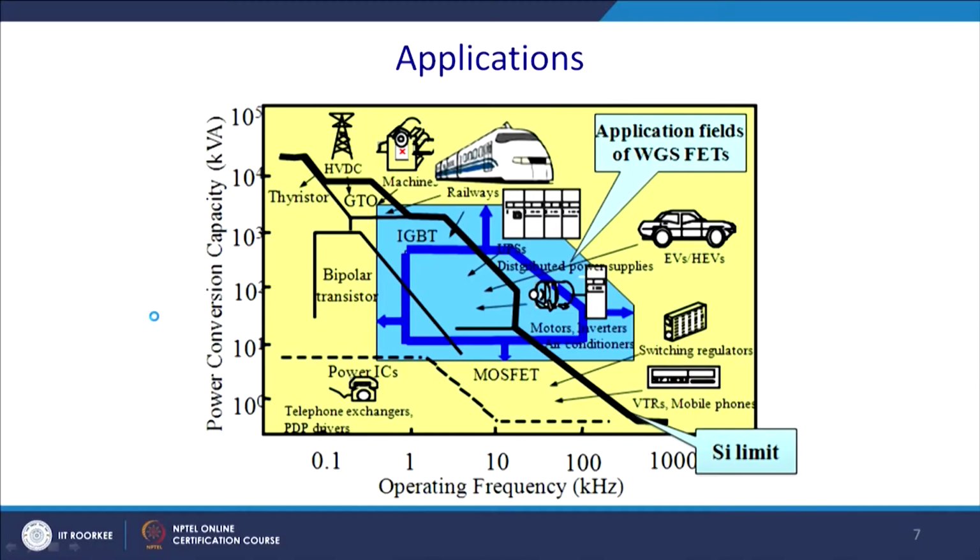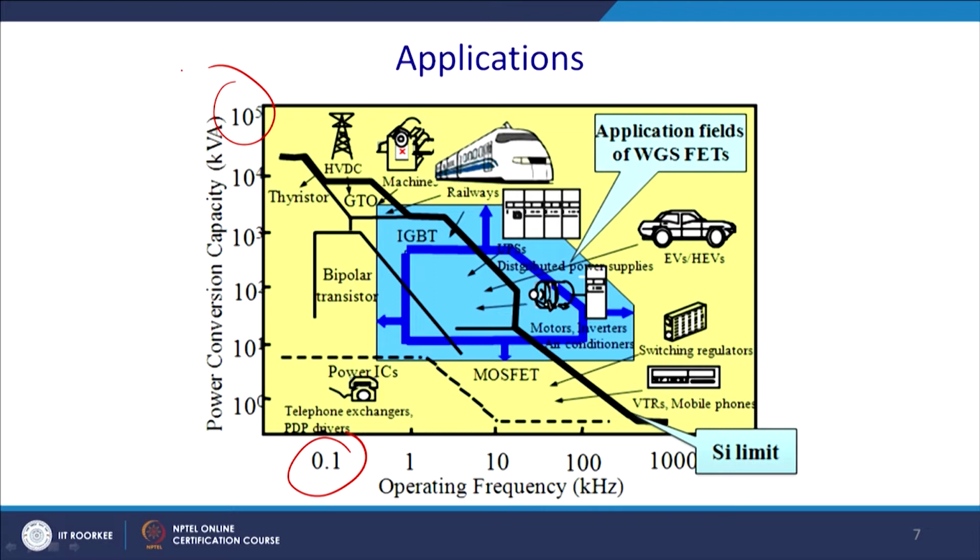So, you see that power conversion capacity and the switching frequency, different kinds of power handling capability are being used. For low frequency applications you can have thyristors, where power handling capability is as high as 100s of megawatt. So, it finds its applications in HVDC.